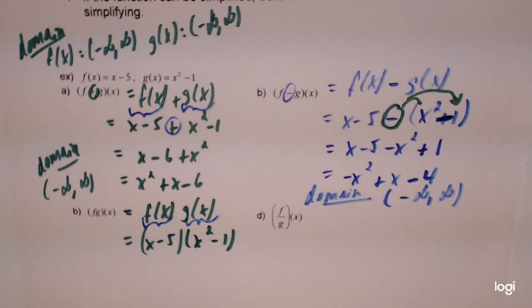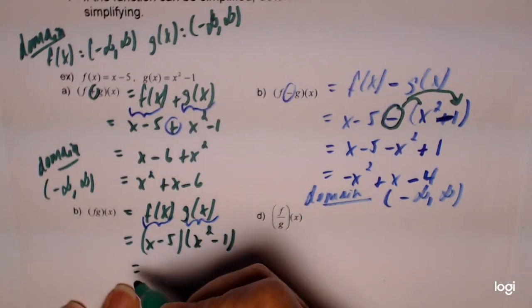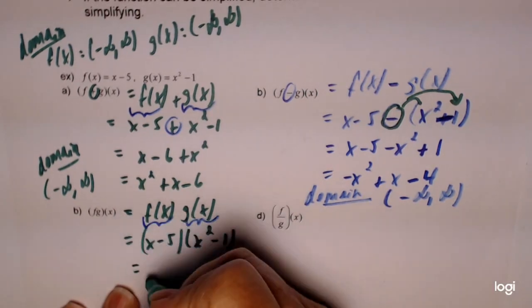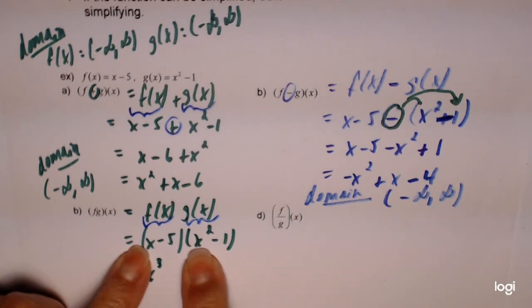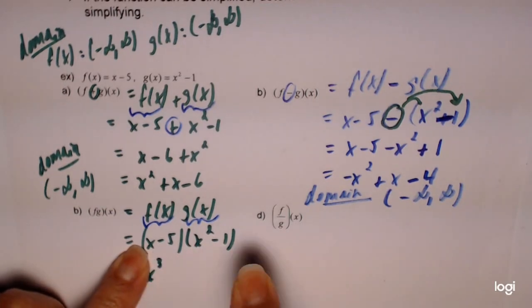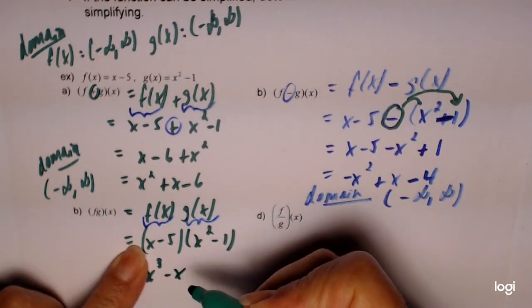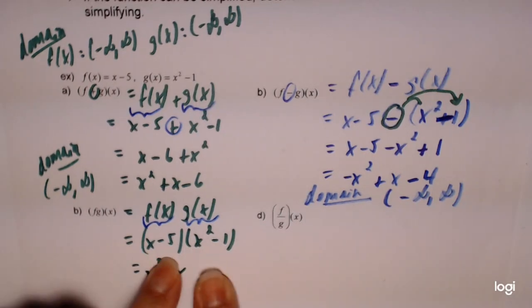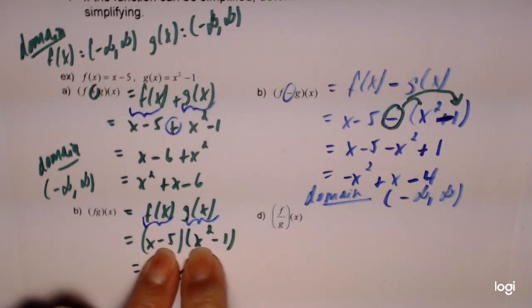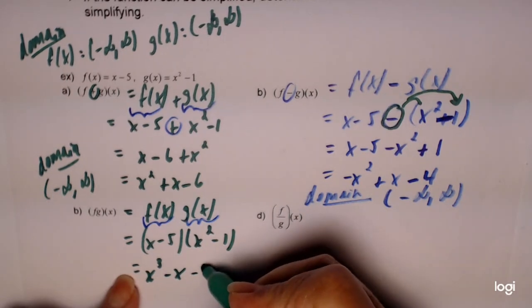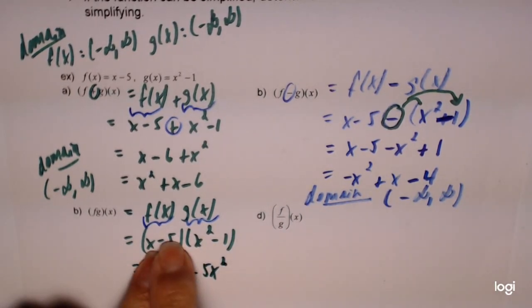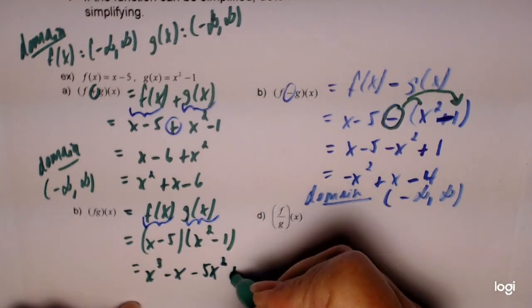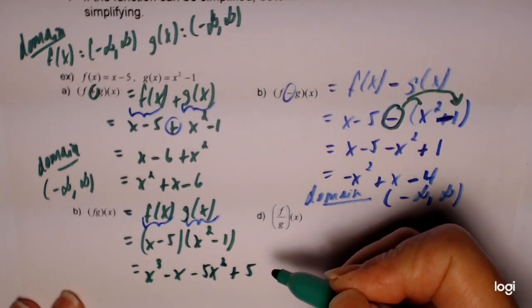And now we are going to multiply these. So I'm going to do a FOIL multiplication. x times x squared is x cubed. So there's the first. For the outer, x times negative 1 gives me negative x. Now the inner terms. Negative 5 times x squared is negative 5x squared. And then last, negative 5 times negative 1 is positive 5.